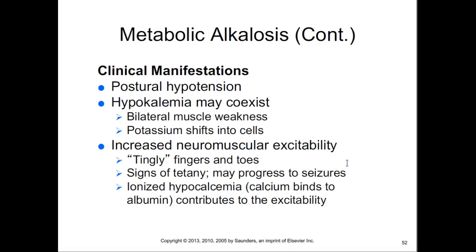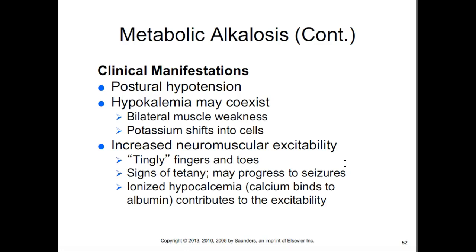So what are you going to see in people with metabolic alkalosis? Postural hypotension. Hypokalemia may also exist, causing muscle weakness as the potassium shifts into the cells. Remember, it causes hyperpolarization. You have tingly fingers and toes.